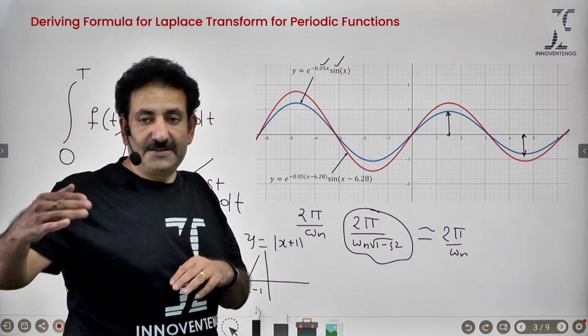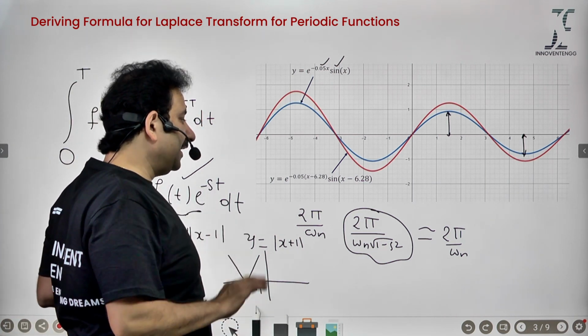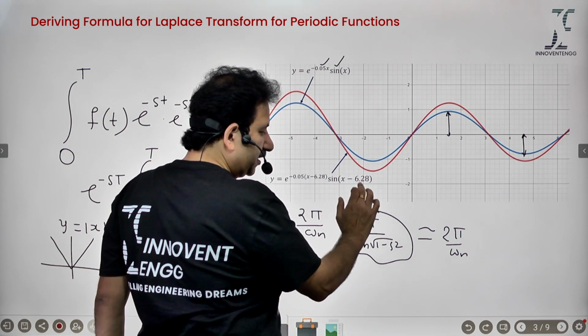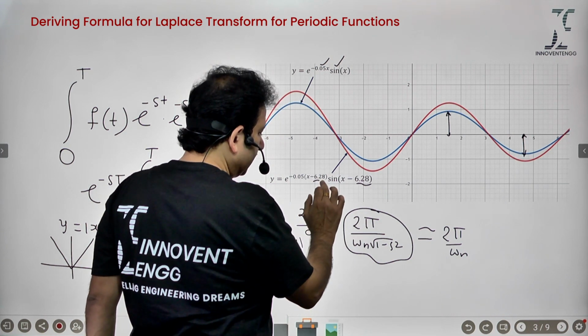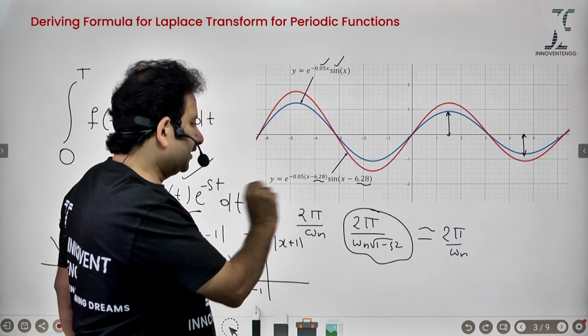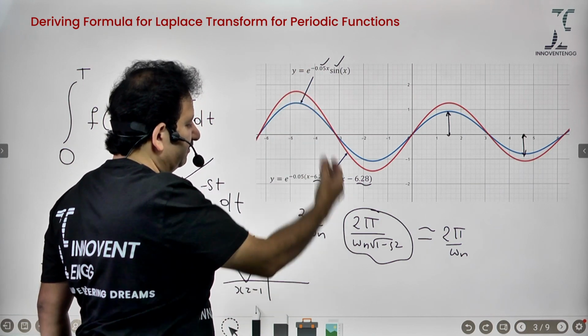So left shifting or right shifting is decided by whether you are adding or subtracting, right? Here I have approximately assumed the period to be 6.28, that is 2 pi, which is actually not the case, because it can be slightly off, by 5%, because there is some amount of damping, but the damping is very, very low.